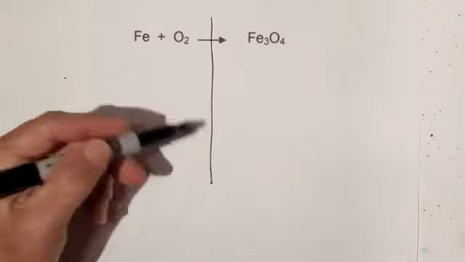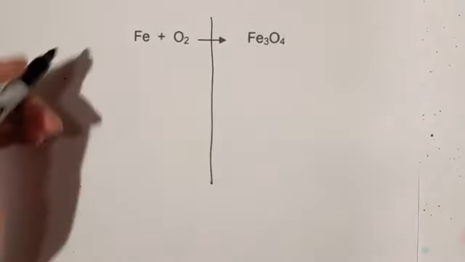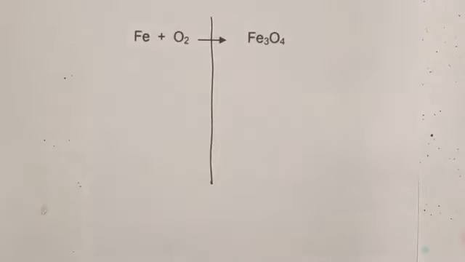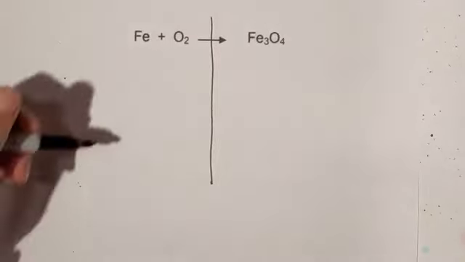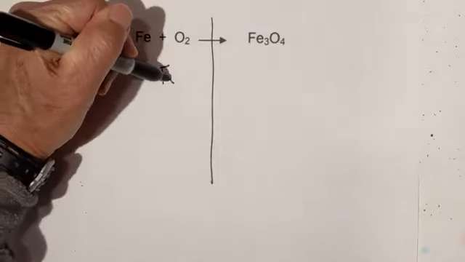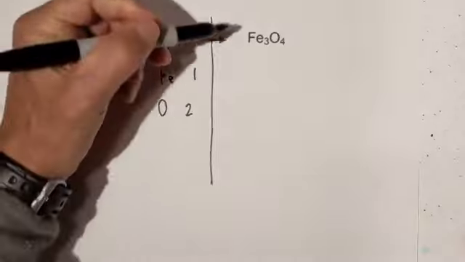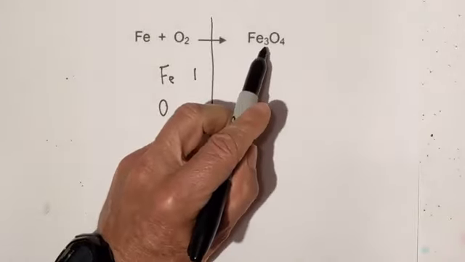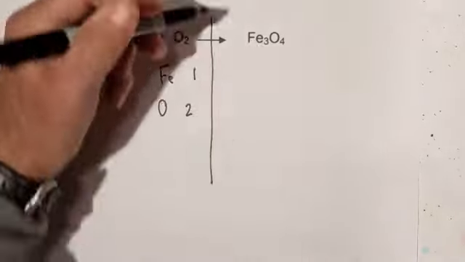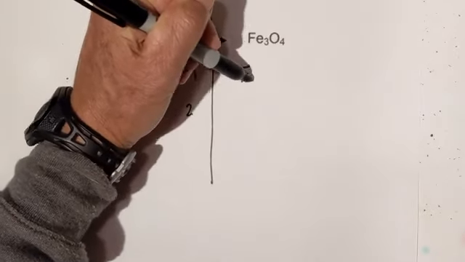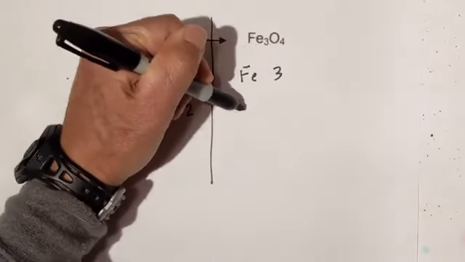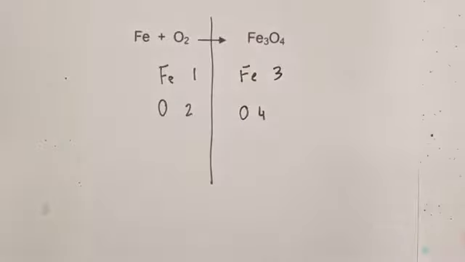Draw a line down. Let's count atoms. We have iron here, and so it looks like we have one iron and two oxygen. And on the other side, remember the 3 only applies to the iron, so we have 3 on this side, and then we have 4 oxygens.